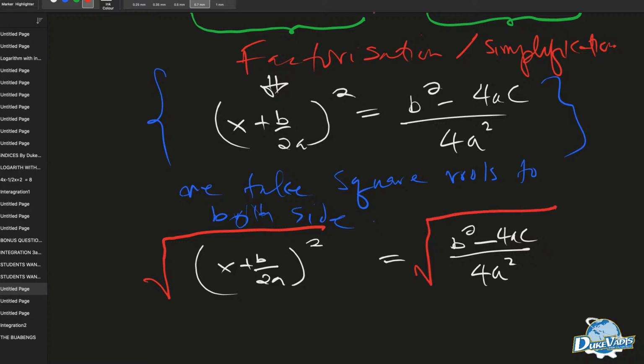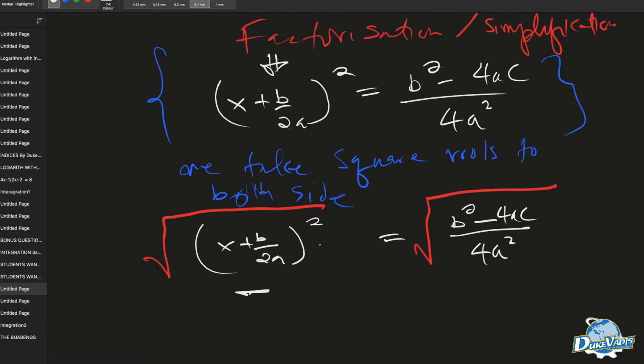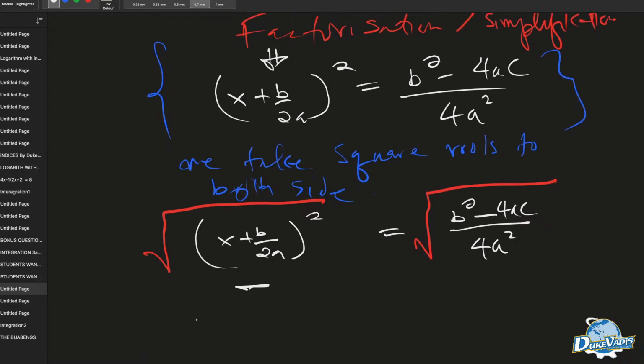Yes, we know that for this, because of the square over here, this could be written as x plus b over 2a, because the square root, which is the whole expression raised to the power half multiplied by 2, will be equal to 1. So we know this is plus or minus.